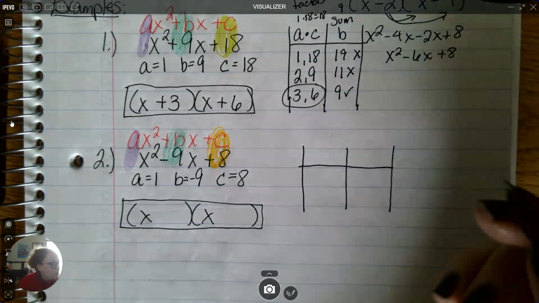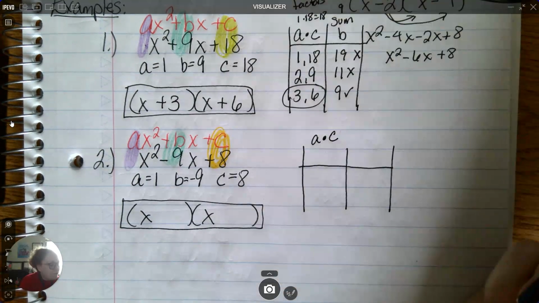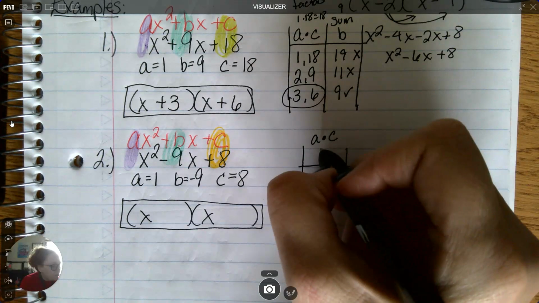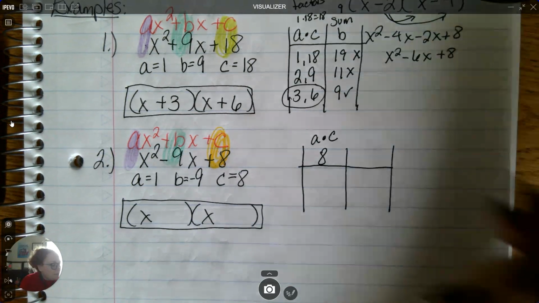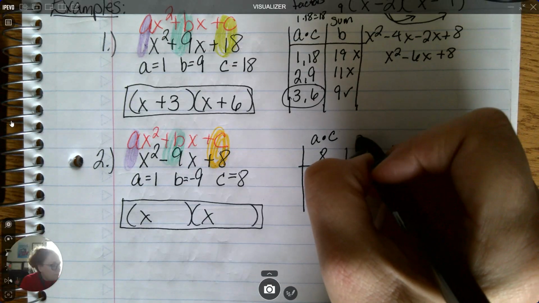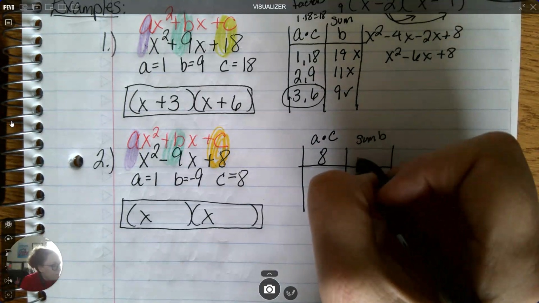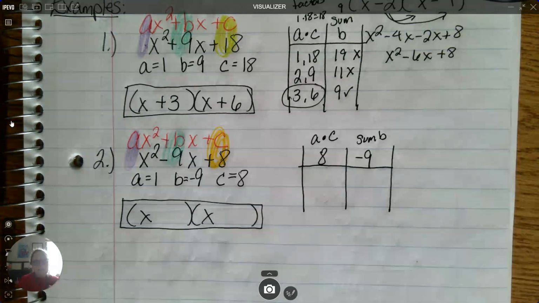All right, using my table, I'm going to keep track here. Again, I'm looking for the products of a times c, which is 1 times 8, which is 8, and that give me a sum of b, which is negative 9. Be careful, they are changing our signs on us a little bit.